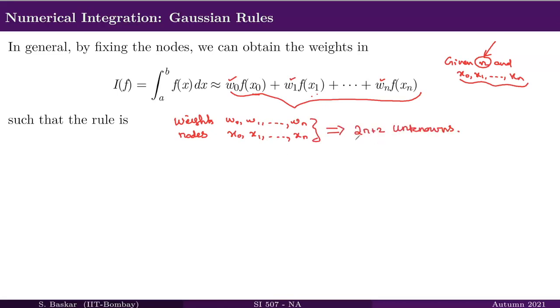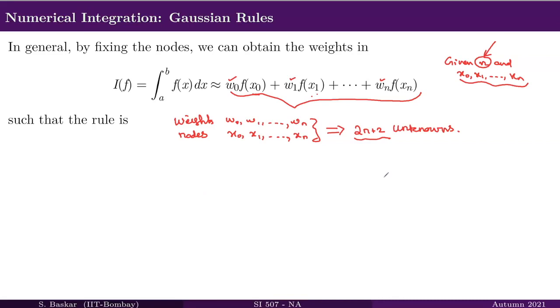To eliminate 2n plus 2 unknowns, what is the condition that we have to assume in the method of undetermined coefficients? If you recall, in the last class, we introduced the method of undetermined coefficients, where to eliminate only the weights, whereas the nodes are given to us, we assume that the quadrature formula is exact for polynomials of degree n.